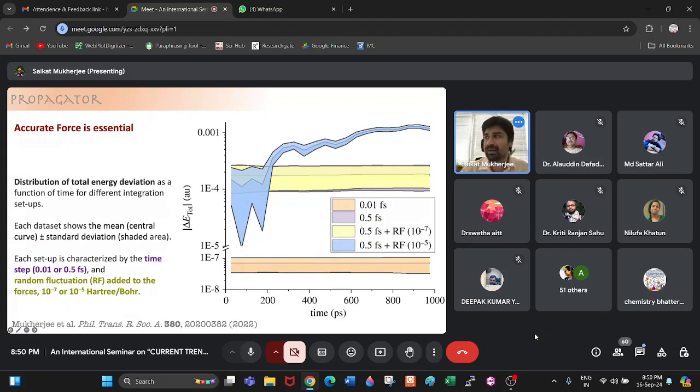Good thing. But then if I increase the random fluctuation to the order of 10 to the power minus 5, you will get complete garbage dynamics in the blue. So basically the point is, in your machine learning potential, you need to predict the force below the order of 10 to the power minus 5, which is difficult, by the way.